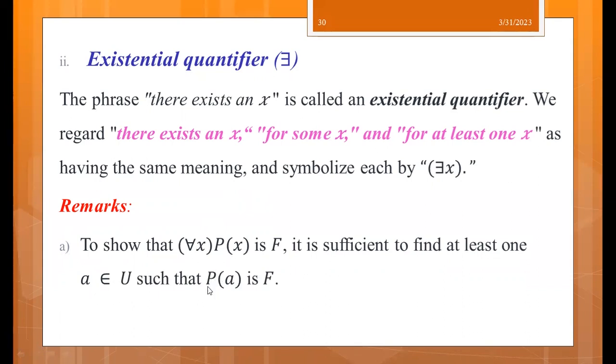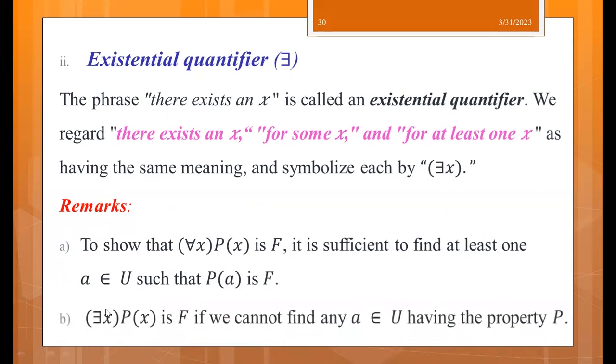But if we are not able to find at least one a that can make P of a false, then the quantified proposition for every x becomes true. But if we can find at least one a within the universal set that can make P of a false, then that will be a sufficient condition for for every x P of x to be false.